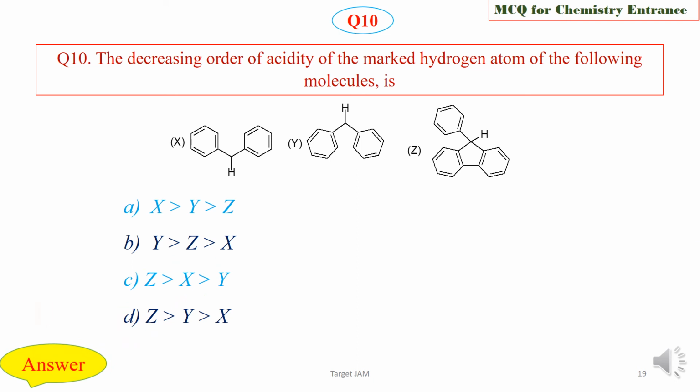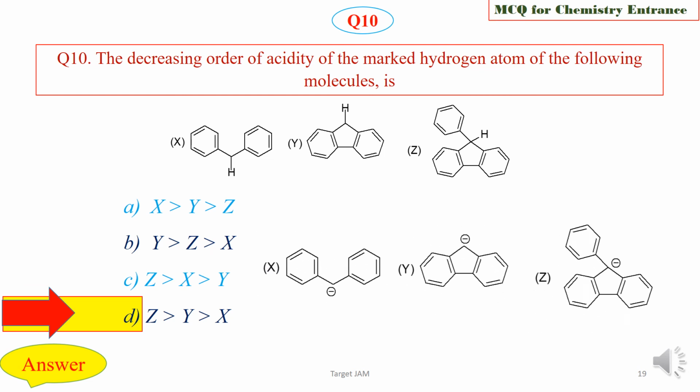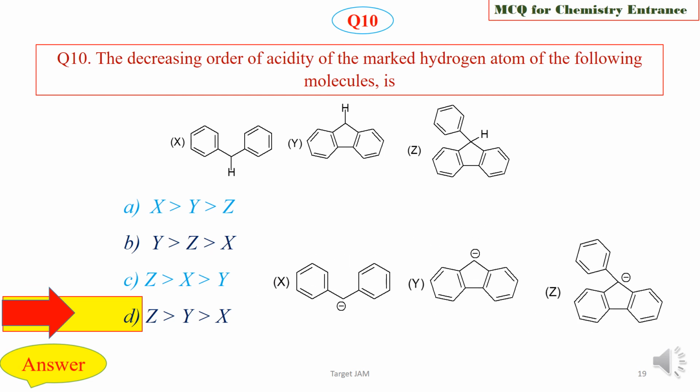The right option is option D, that is Z is the strongest acid among these three and X is the weakest. See, these are the corresponding conjugate bases, and in case of Z, the negative charge is stabilized due to aromaticity gain and at the same time due to the presence of 3 phenyl rings.